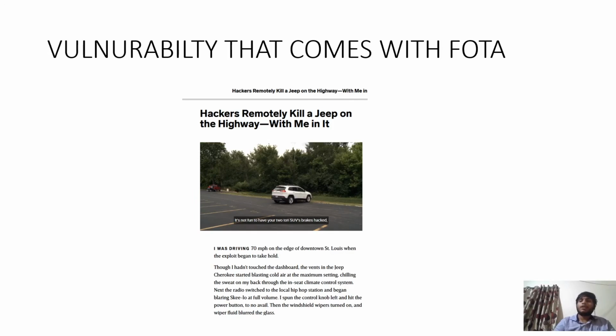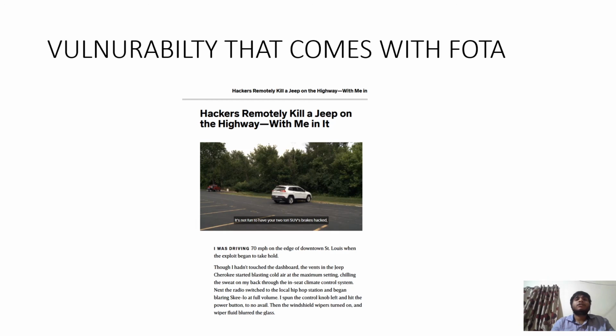And with any feature comes vulnerability. Even with FOTA, there are vulnerabilities that should be handled. So you must always balance the security aspect of FOTA and the ease with which you can update the firmware. There's a case which happened with the Jeep Cherokee, owned by Fiat Chrysler.